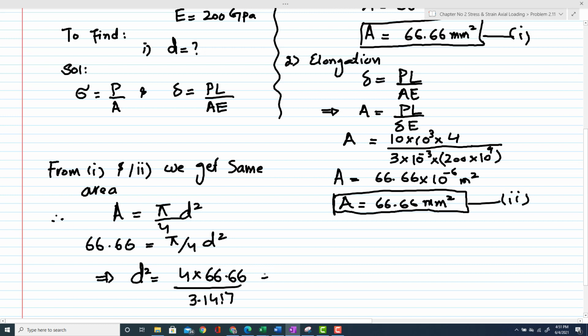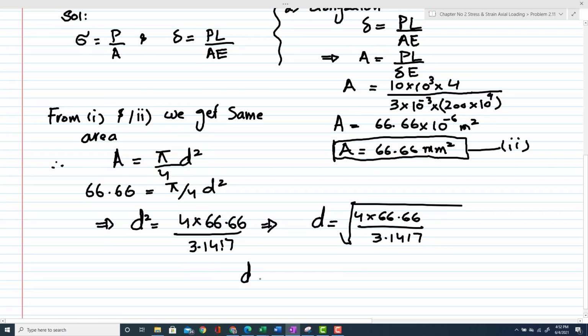This implies d will be equal to the square root of 4 into 66.66 divided by 3.1417. When you calculate all this, you will get the value of d, that is equal to 9.21 mm. So it is the required diameter which fulfills the needs given in the question.